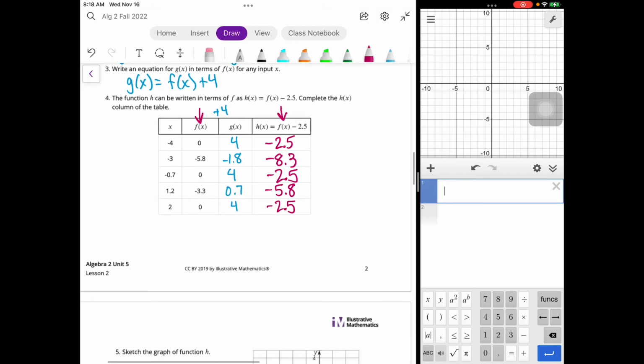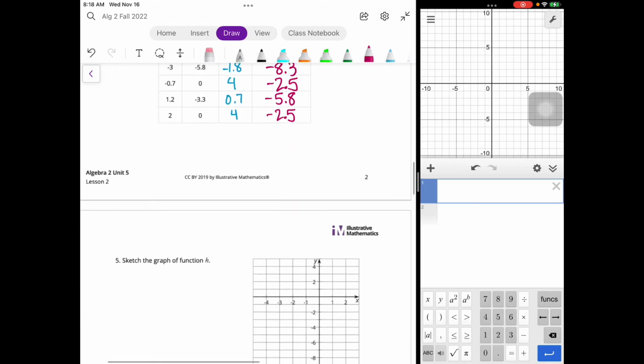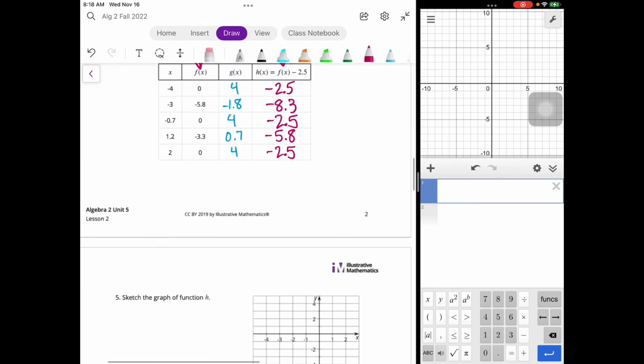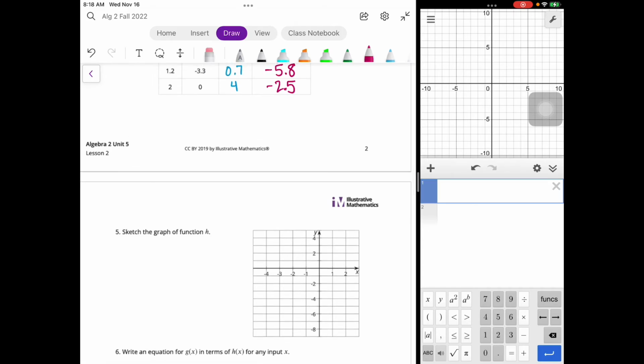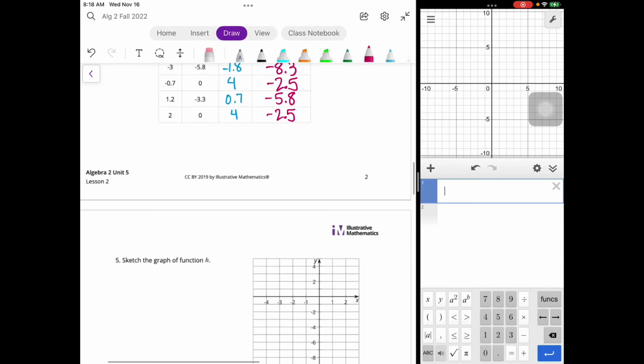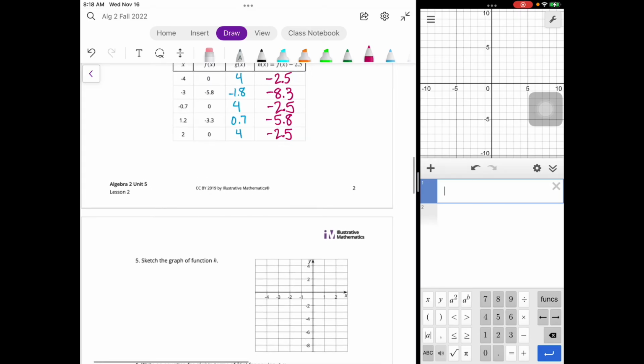All right, and then we are going to sketch the graph of h. So we've got, let's see, -4, negative 2.5. Let's make that a little bit smaller so we can see the whole thing. -4, negative 2.5, so that's going to be right about there. -3, negative 8.3.